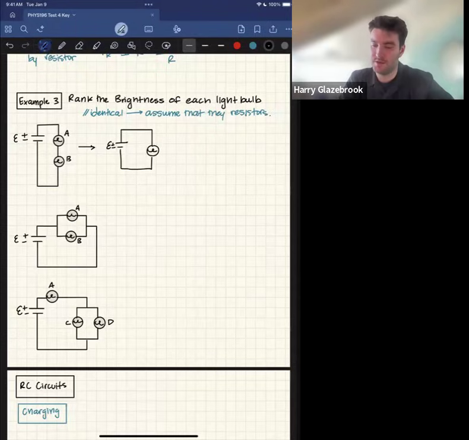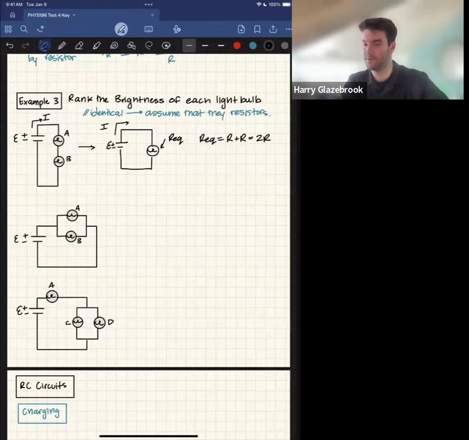I'm going to call this R equivalent. There's a current I flowing through here. And R equivalent just equals the resistance of A plus the resistance of B. We just assume they're identical and they both have resistance of R. So R plus R, that's 2R. So far, so good?